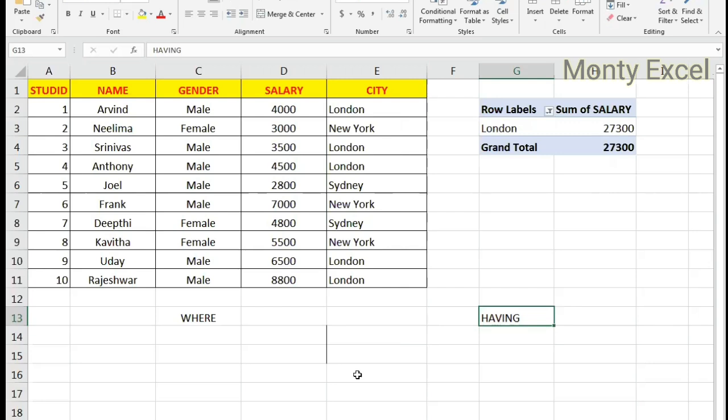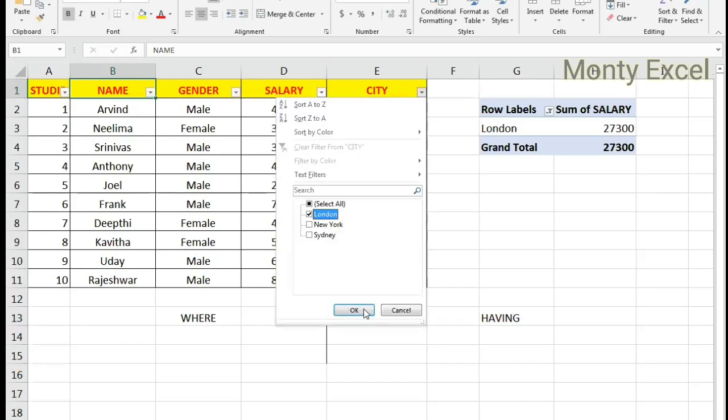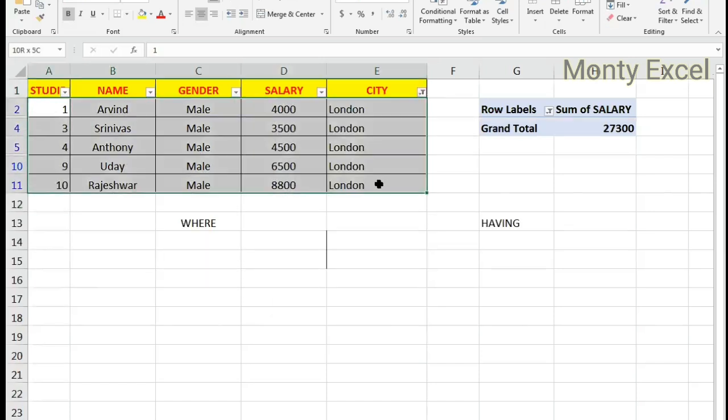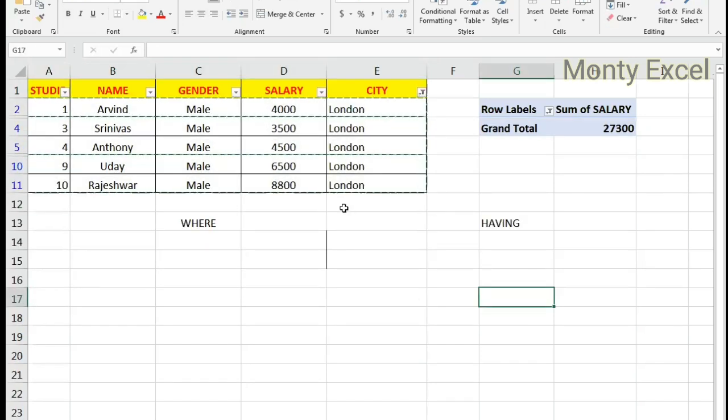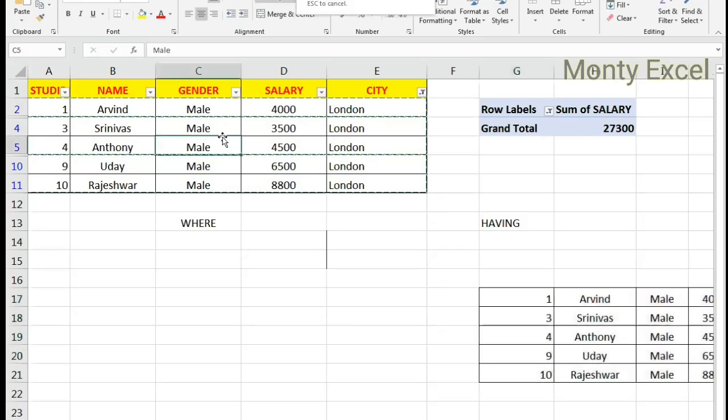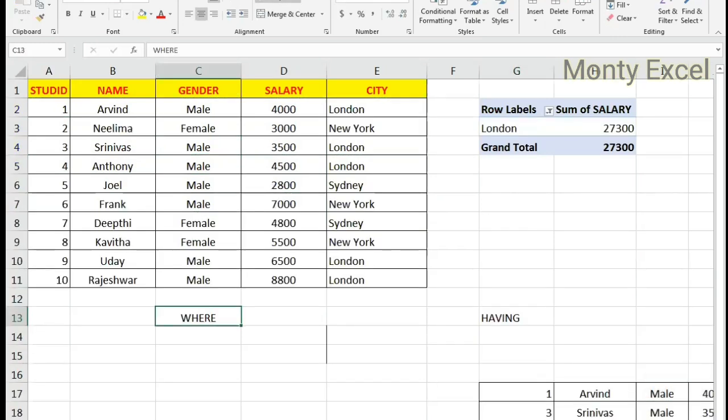Here, selecting London, we are getting where city equal to London. This is the data I'm going to see when I'm using a where condition on the raw data.